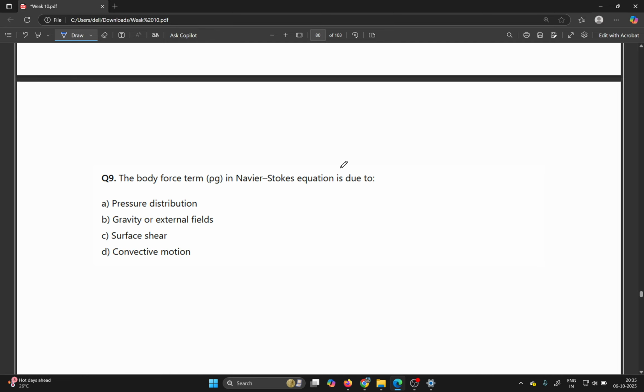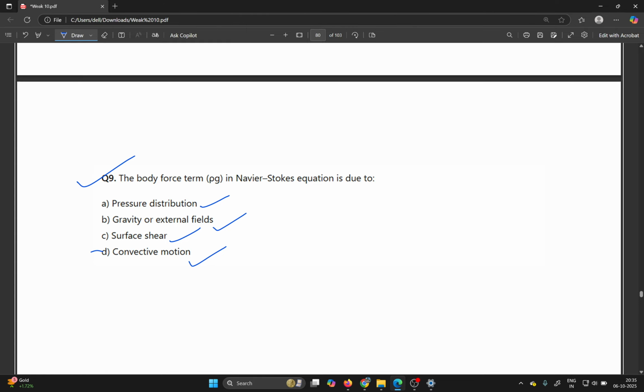Okay, next question. The body force term rho g in the Navier-Stokes equation is due to: pressure distribution, gravity or external fields, surface shear, or convective motion. These are very basic questions.